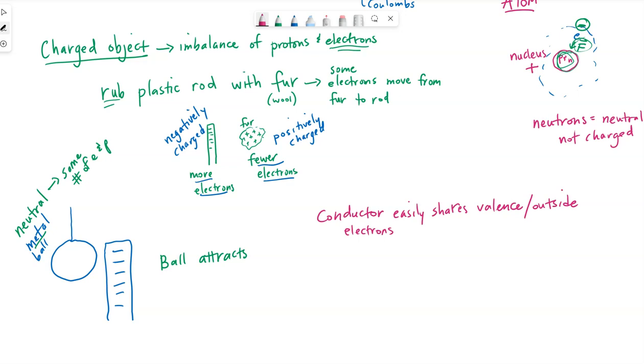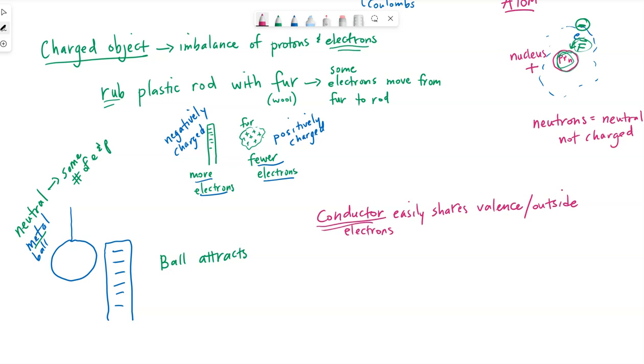So these valence electrons are shared between all the neighboring atoms, and so they can easily move. That is what we mean by a conductor: the electrons, specifically the outer shell electrons, can easily move throughout the metal object, throughout this conductor.